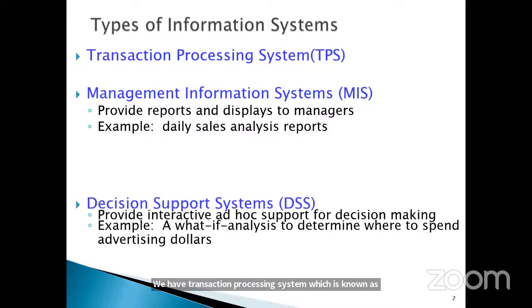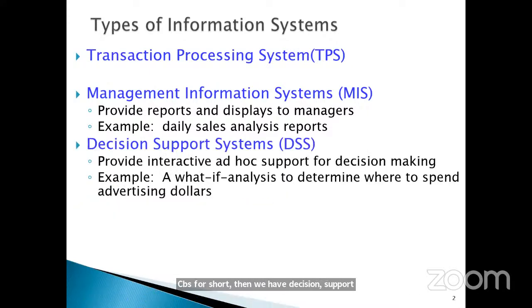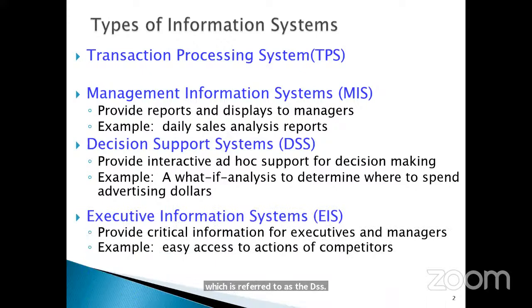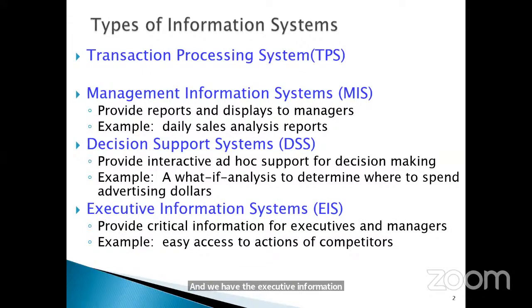Then we have the decision support systems, which is referred to as the DSS. And we have the executive information systems, EIS for short. So I'm going to just briefly explain them before we move to the next slide.